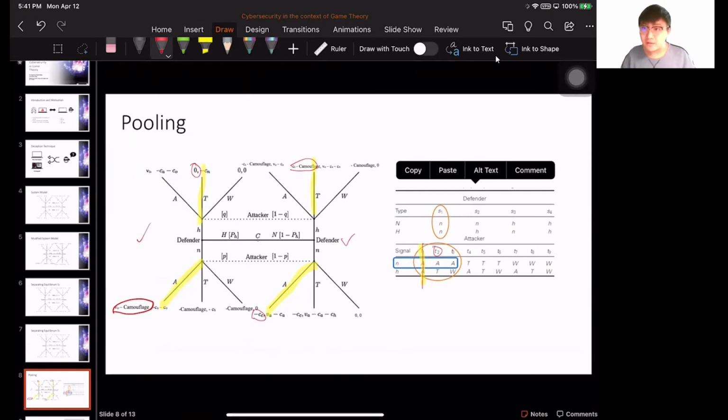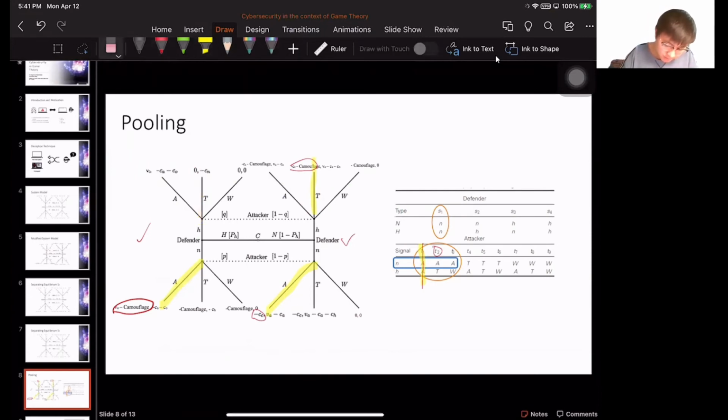Let's take a look at T3. So in T3, the attacker switches strategy again. She will return a W when she receives an H. In this case, when the defender is of type N and she's sending the signal H to the attacker, she will receive minus camouflage as her payoff.